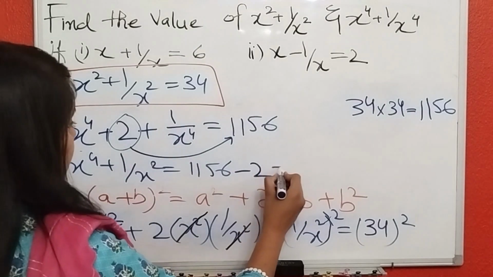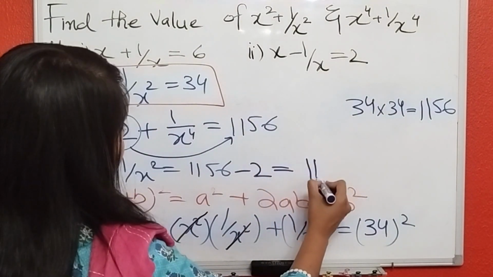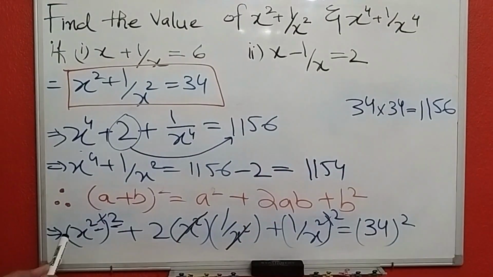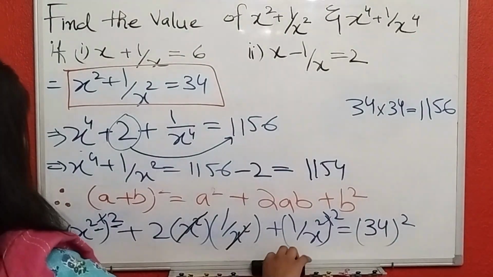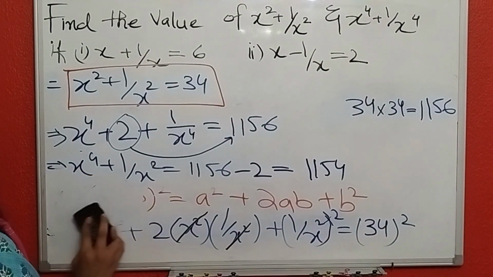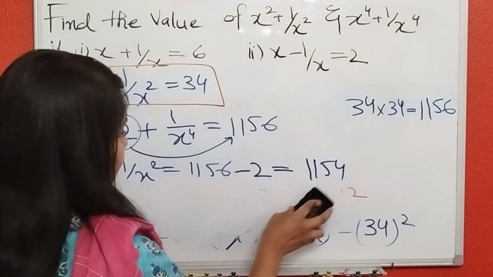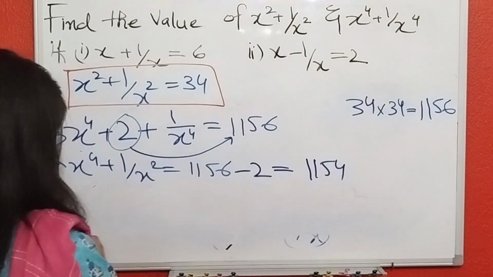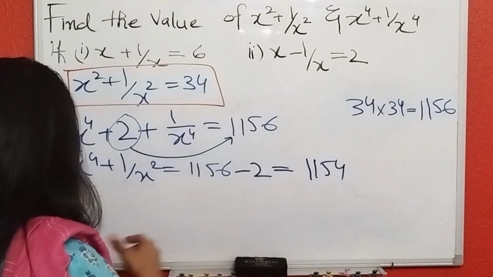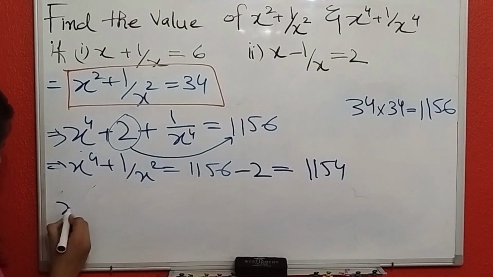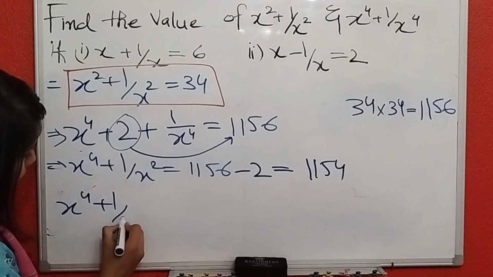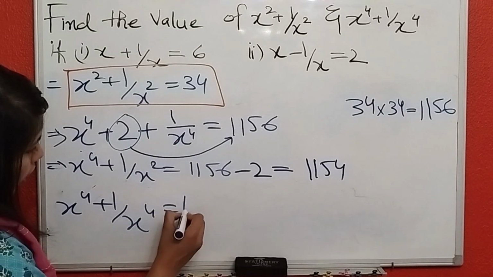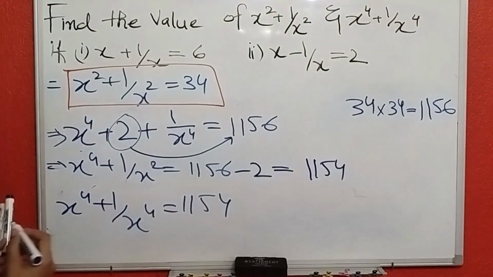So what is the value? 1154. So the answer of x power 4 plus 1 over x power 4 is 1154. I am writing here x power 4 plus 1 over x power 4 is 1154.